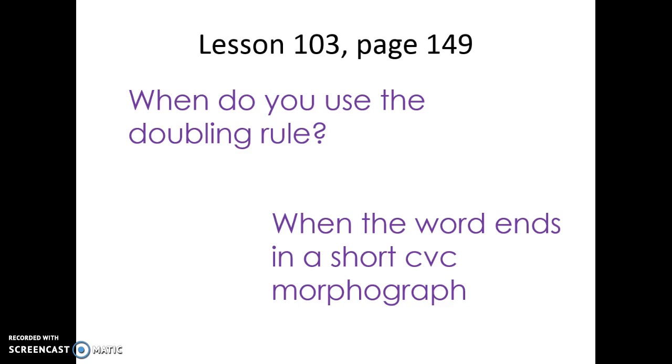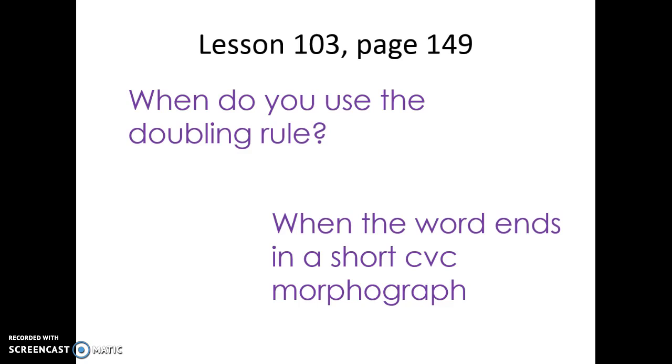So do you double when you spell subverted? Write subverted underneath subvert. Cut. Ask yourself if that word ends in a short CVC morphograph. What's the morphograph? So do you double when spelling cutting? Write cutting underneath cut.